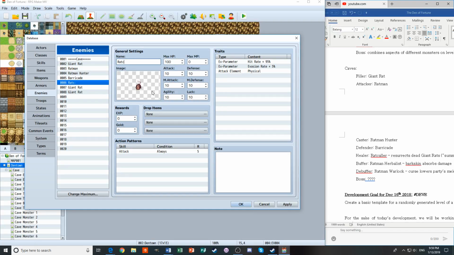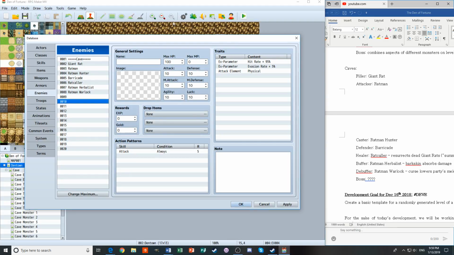Rat collar, Ratman herbalist, Ratman warlock. And then we'll have a couple of slots for bosses, leave a few extras.